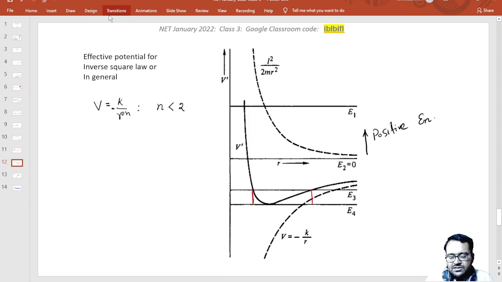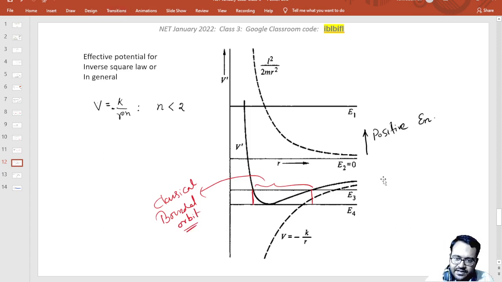So in this region we can have a classically bounded orbit. This may be an elliptical orbit, as there is a minimum and a maximum. As this is minus k by r, it is exactly an inverse square force potential.